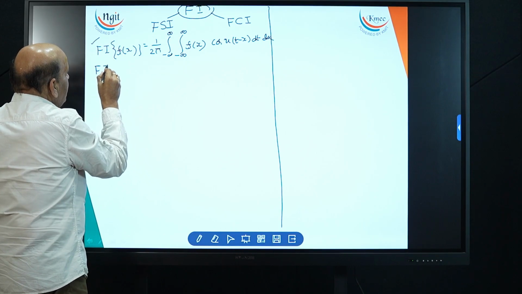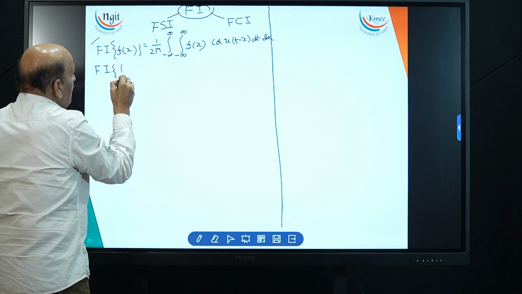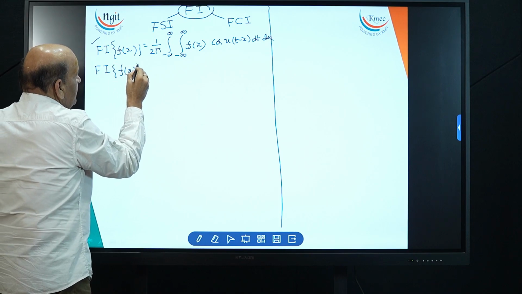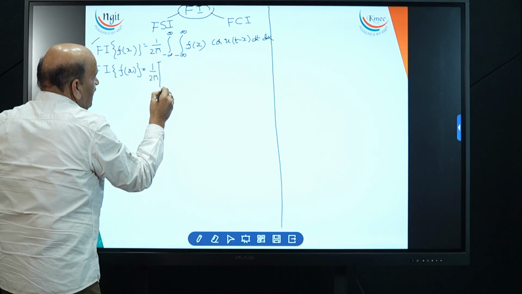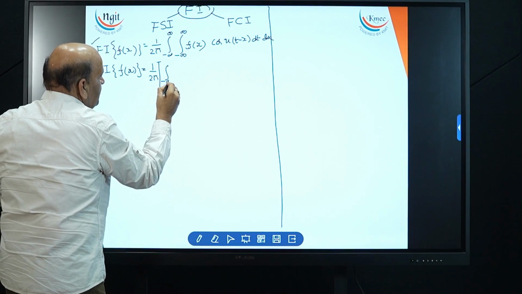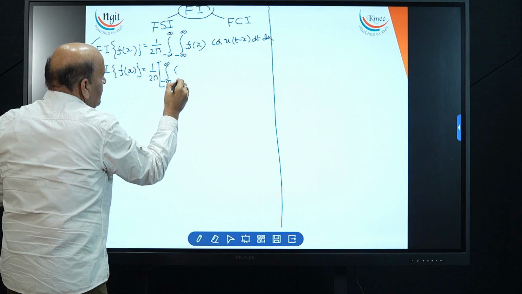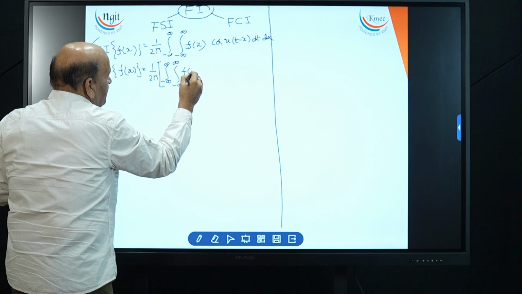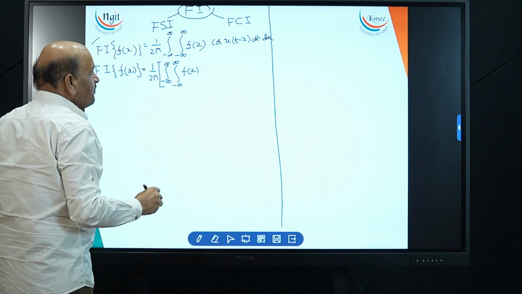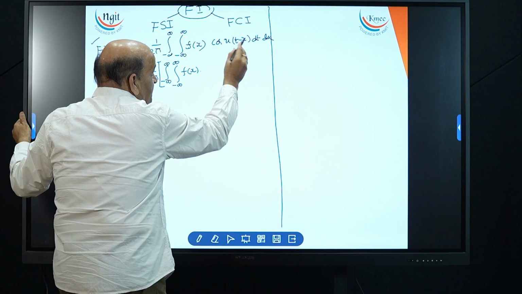The Fourier integral of the same format can be written as 1 by 2 pi integral minus infinity to infinity, minus infinity to infinity, f of x into cos a minus b formula.